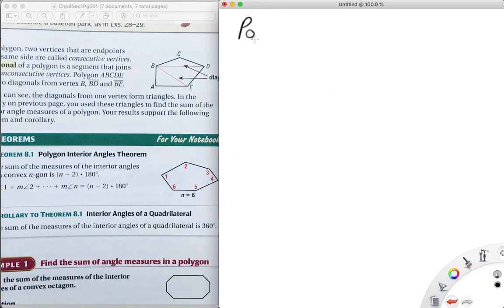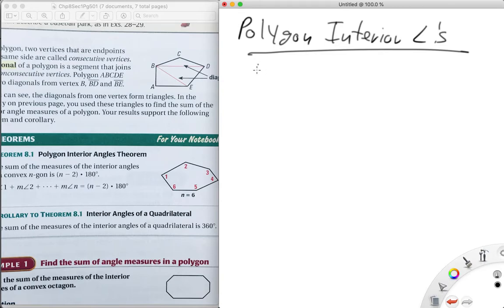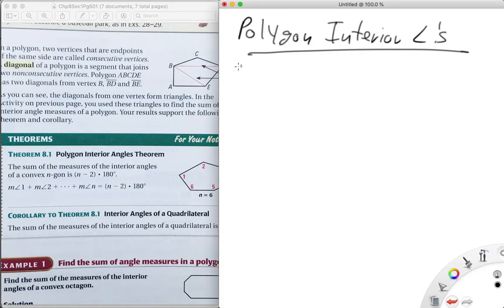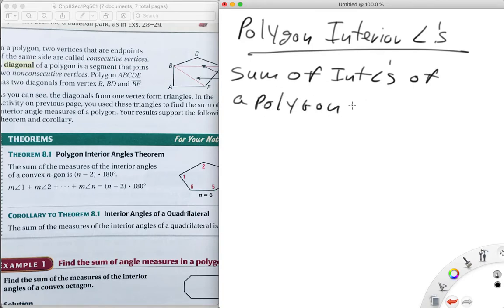So Polygon Interior Angles Theorem: the sum of interior angles of a polygon equals n minus 2 times 180 degrees.